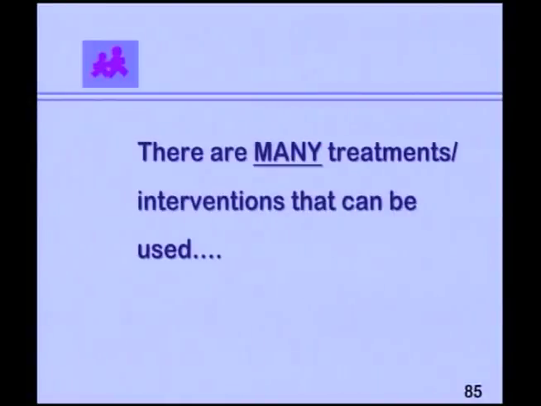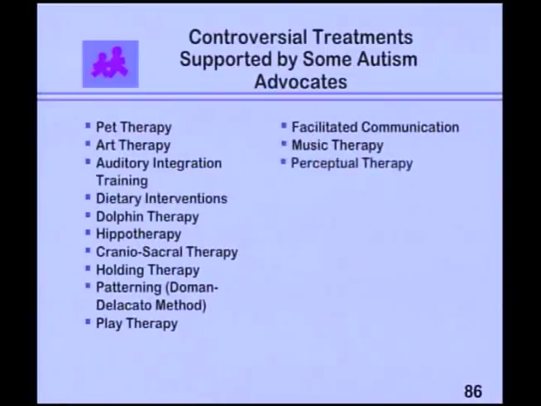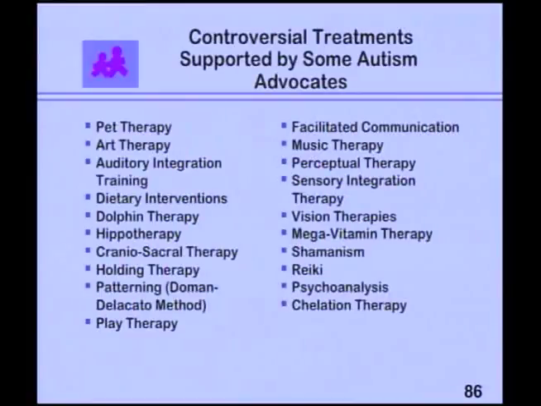How are you going to know what to do? There are many controversial treatments that are supported by some autism advocates. Some of the ones that you may have heard about: pet therapy, using a pet, auditory integration, listening to the headphones, dolphin therapy, craniosacral, we'll take a look at in a moment.